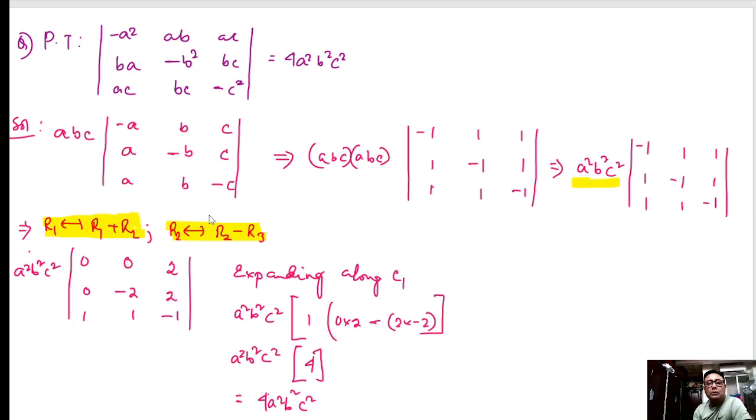Similarly, we will do R2 minus R3 and put it in R2. Similarly, minus 1 plus 1 and put it in R2, which is 0. We are subtracting it. Next is 1 minus of minus 1, which is plus 2, and put it in R2.